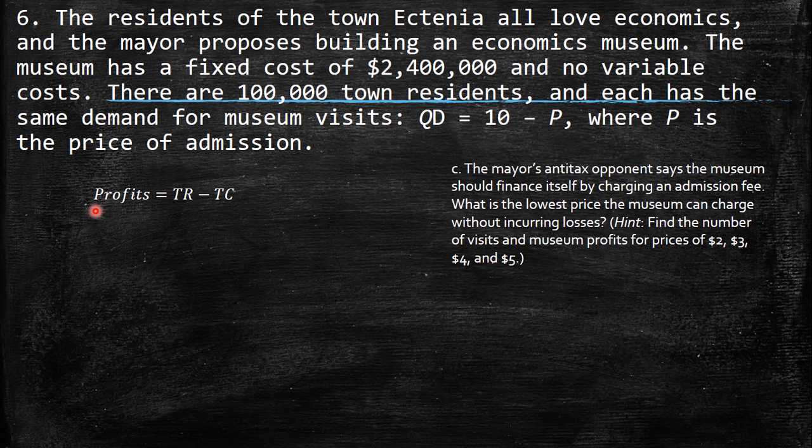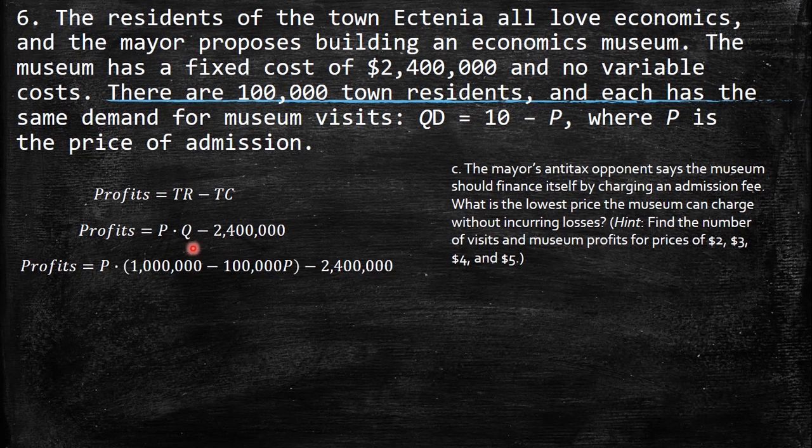So let's go mathematically. You know that profit is total revenue minus total cost. The total revenue is going to be P times Q, and the total cost is a fixed cost, 2,400,000.